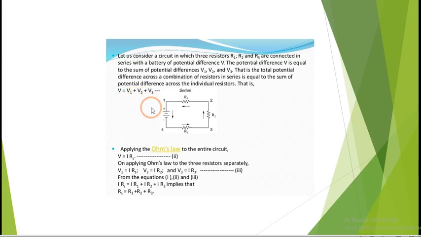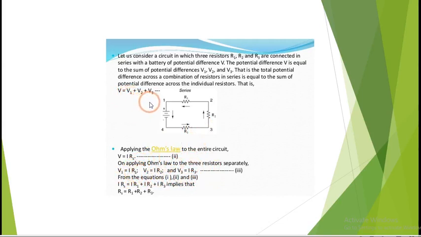Now we know Ohm's law, V is equal to IR. For series resistance, V is equal to I Rs. Rs stands for series resistance. Let's apply Ohm's law for the three individual resistances. V1 becomes IR1, V2 becomes IR2 and V3 becomes IR3. Now let's substitute all these values in the given equation.